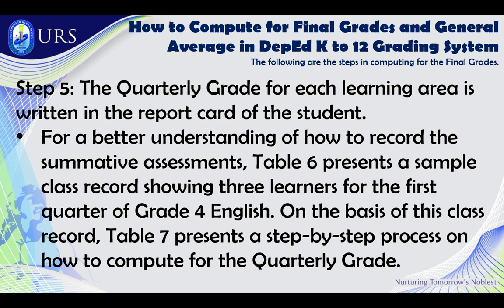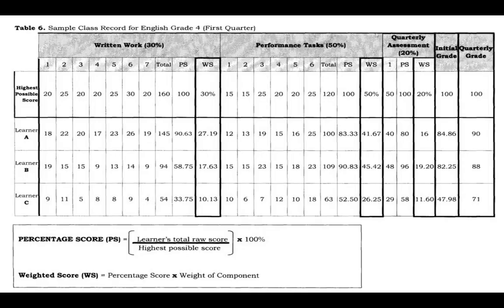For a better understanding of how to record the summative assessments, Table 6 presents a sample class record showing 3 learners for the first quarter of grade 4 English. On the basis of this class record, Table 7 presents a step-by-step process on how to compute for quarterly grade. Ito po yung table number 6. Sample po ito ng class record para sa English grade 4 ng first quarter.